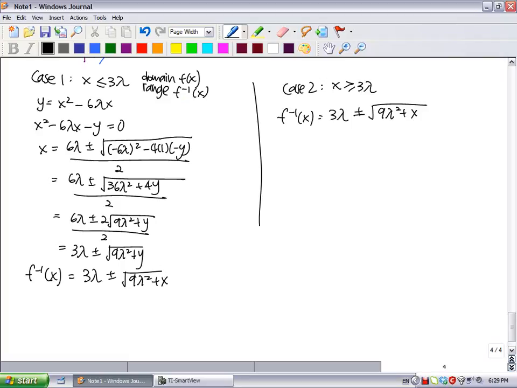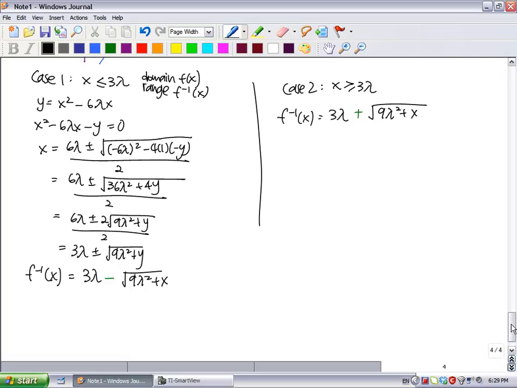I need to go back to the same place, and here I have 3 lambda plus something or 3 lambda minus something. So obviously, because I want to go back to x less than 3 lambda, I need to choose the minus option. And for the other one, because I need it to be greater than 3 lambda, it should be plus. Okay, but that's not the end of the question.